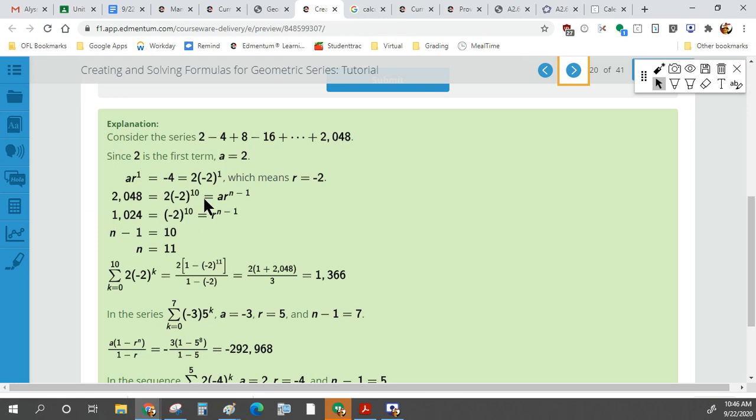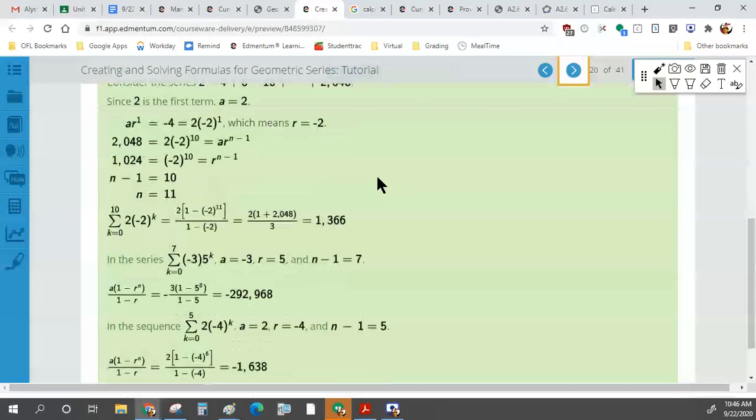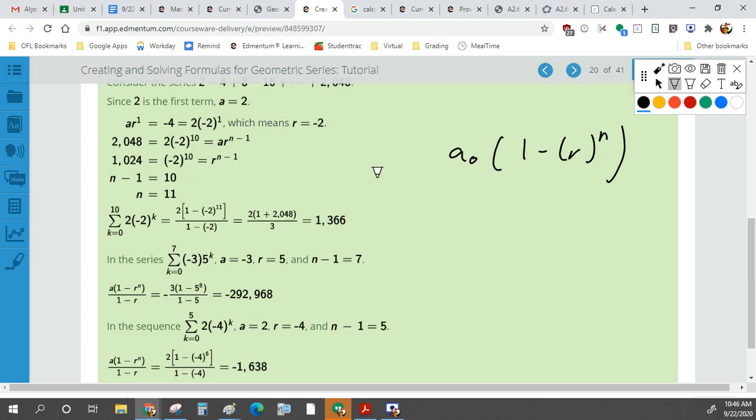So after you do that, then you can use the formula that they were given to us. So if we can finally use that formula, a sub 0 times 1 minus r to the n, because there's 11 terms, over 1 minus r.